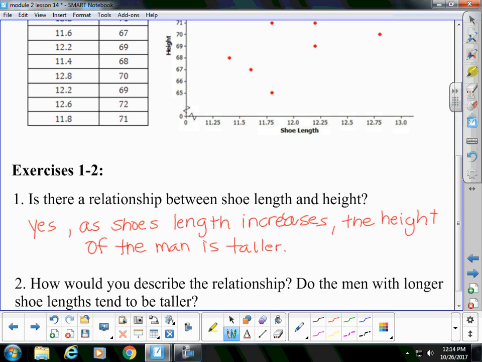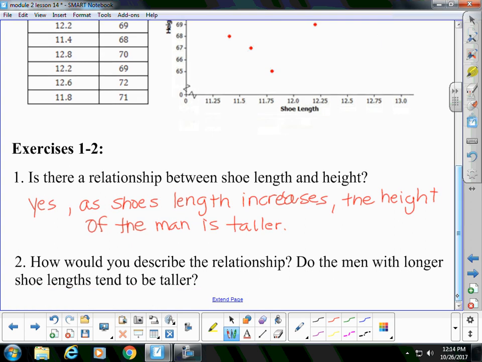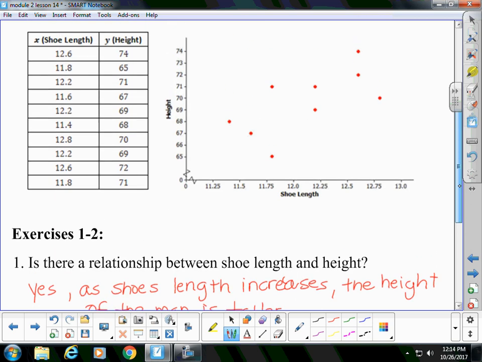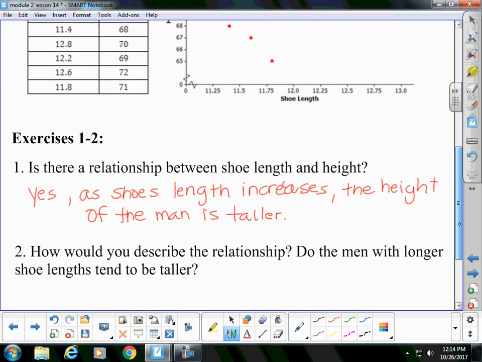You would typically think that would be true, that a person with bigger feet is going to be taller. Is it 100% true? No. But that's why the points are scattered. Most of the time it's true.